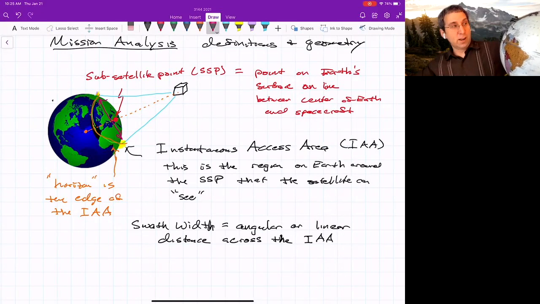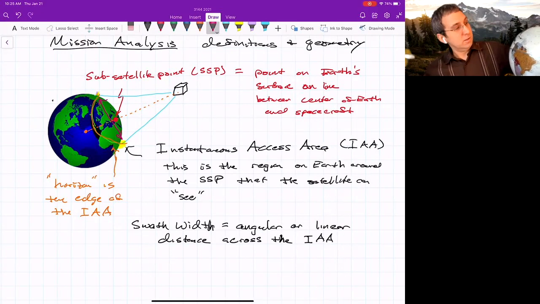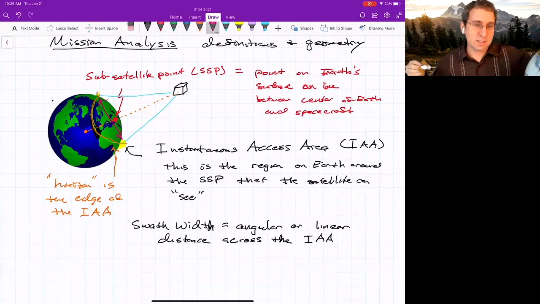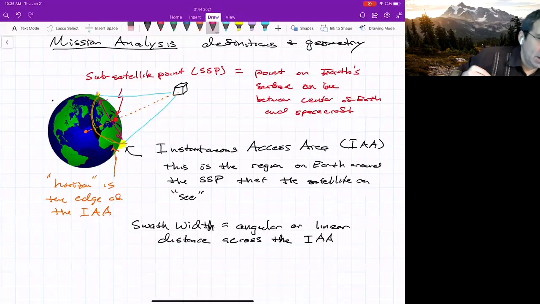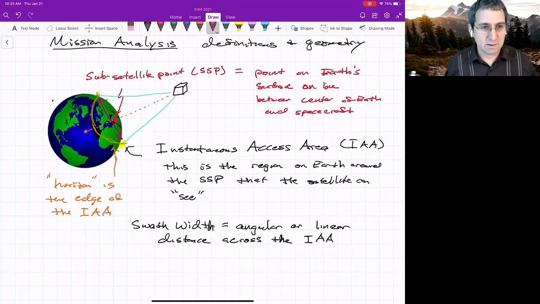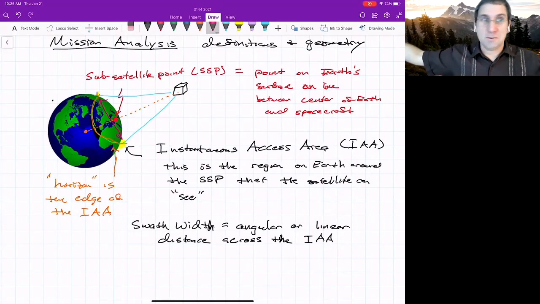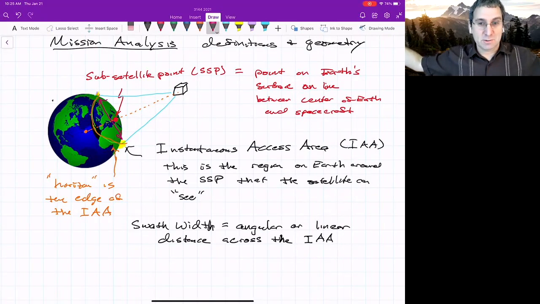If you're super far away, you could see half the Earth. If you're really close, you can't see very much. Although just imagine yourself standing outside: you have an instantaneous access area, and especially if you're someplace really flat, you can see pretty far. So your swath width might be 20 miles.